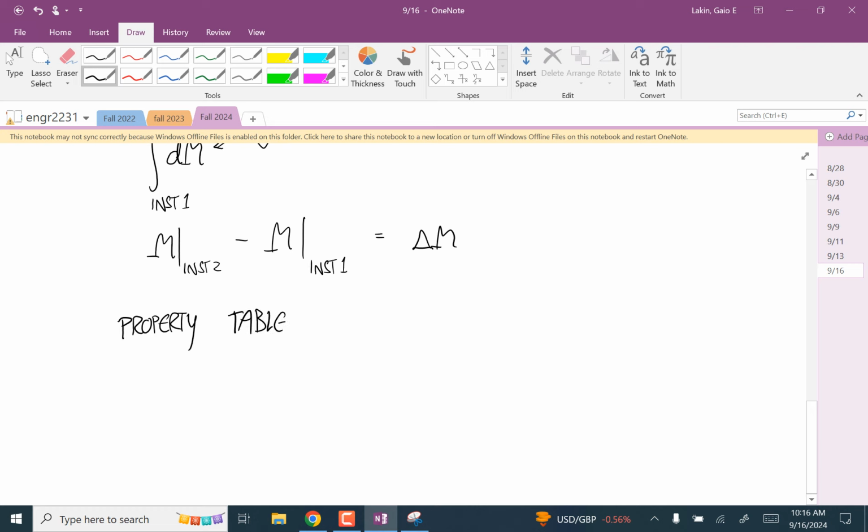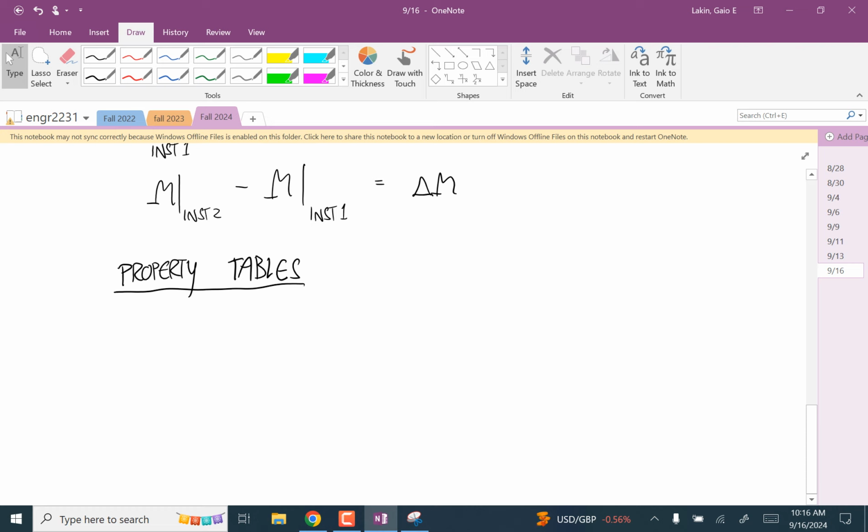The key thing for the tables is that the tables only give finite numbers of values. It's not a continuous function of values.